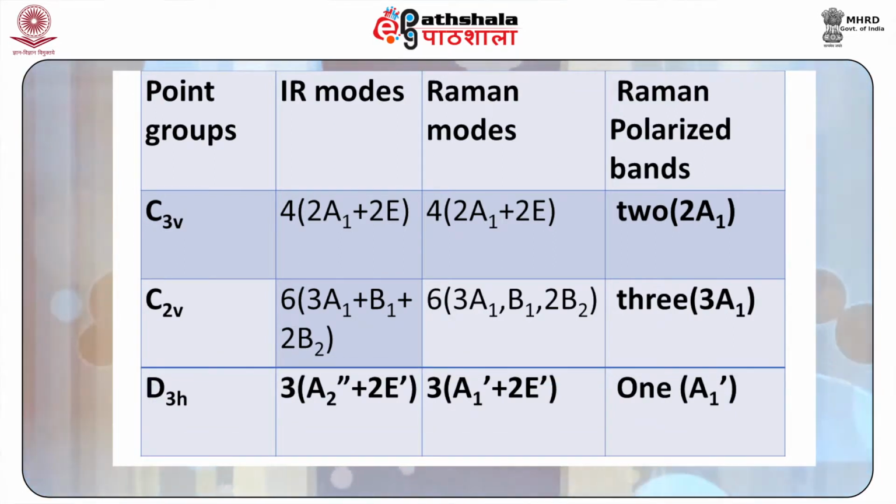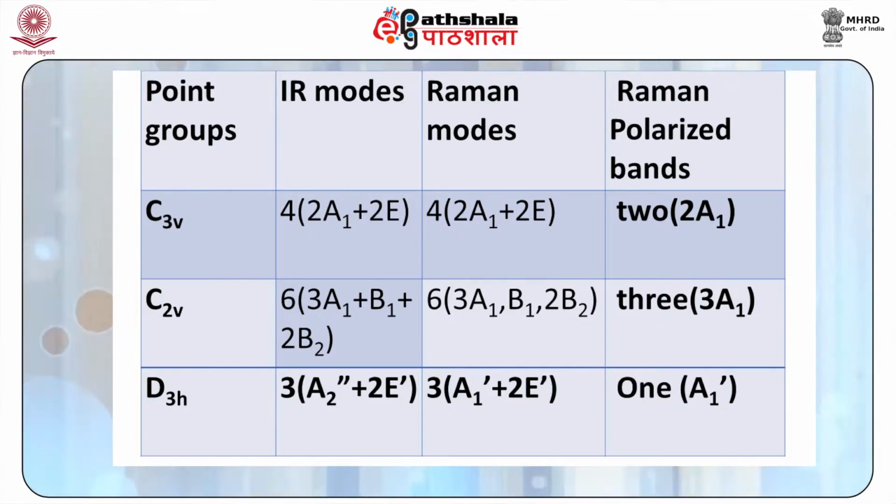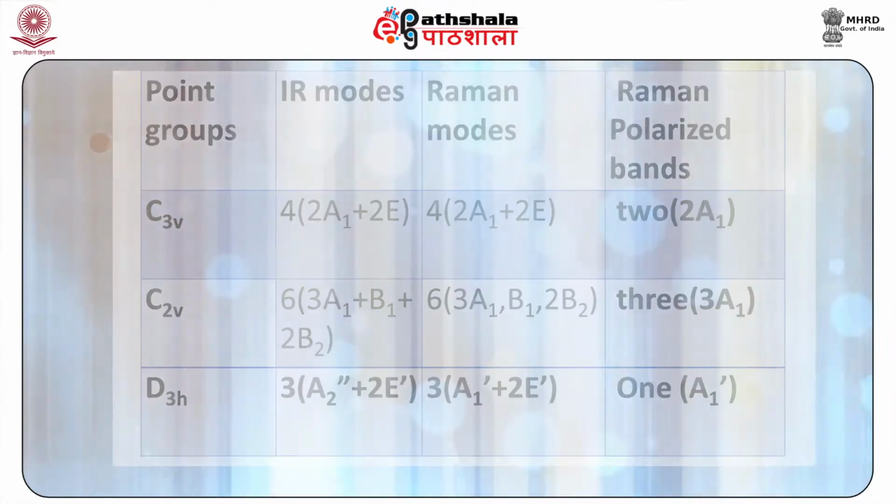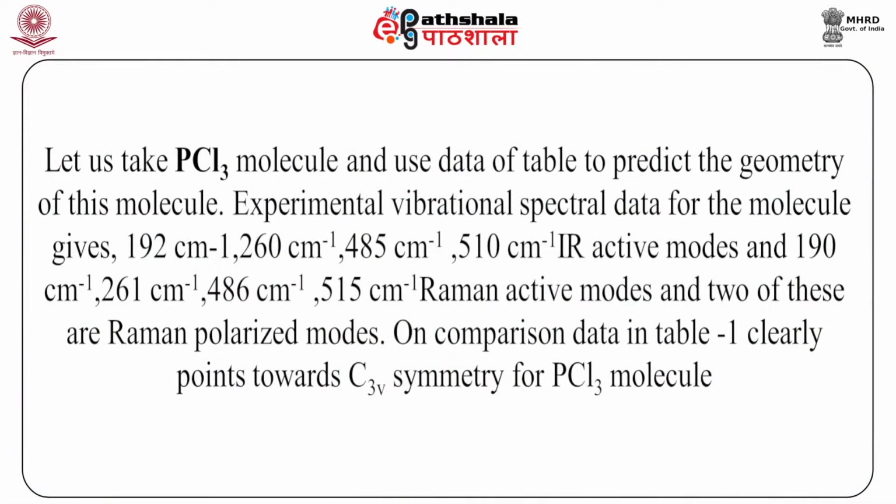So, we have this table, and if we have the data with us, we can immediately predict the geometry of the molecule. Let us take the PCl3 molecule. Using the data as given in the table, we can predict the geometry of this molecule.